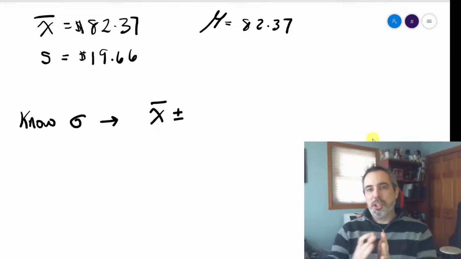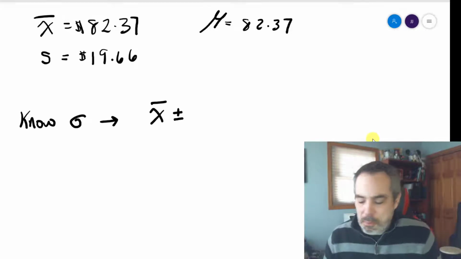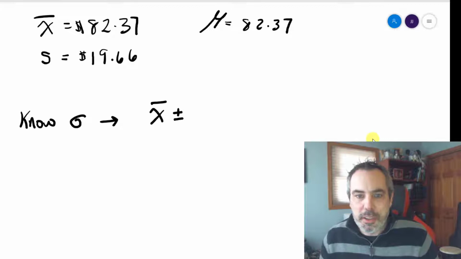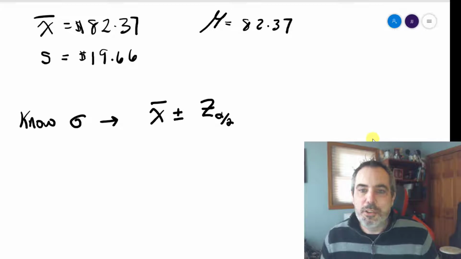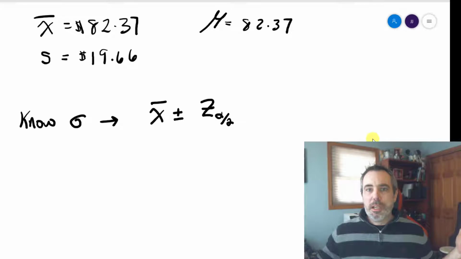You're going to do an interval. You're going to have above the average and below the average. You're going to have plus or minus, and you're going to use this critical value, a z-score critical value. And we usually see it like this, z alpha over 2, meaning it's a two-tailed z-score. There's going to be some above and below, right?